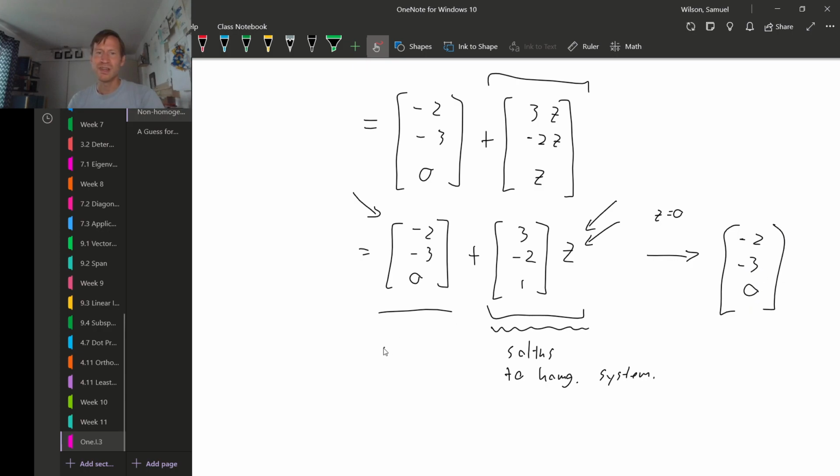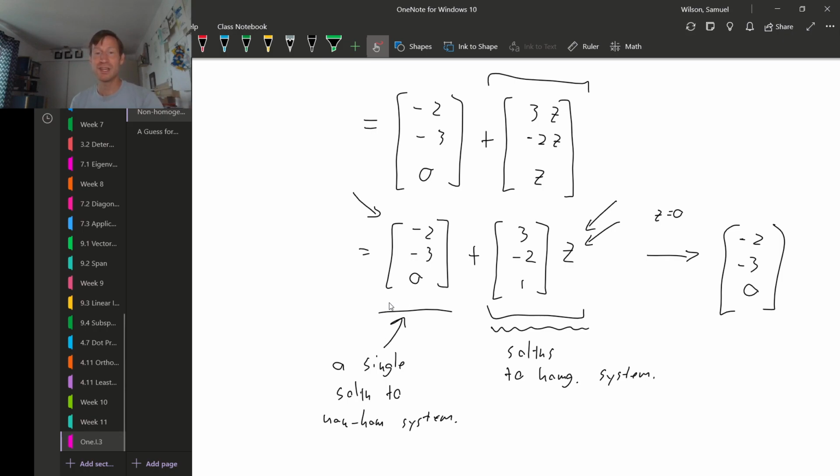In other words, this vector over here is a single solution to the original non-homogeneous system. What we don't know at the moment is whether this is somehow a special solution to the homogeneous system.